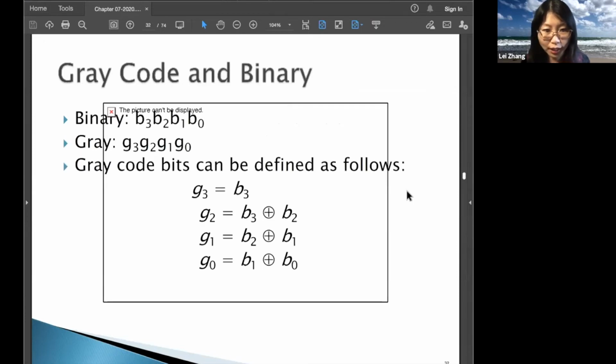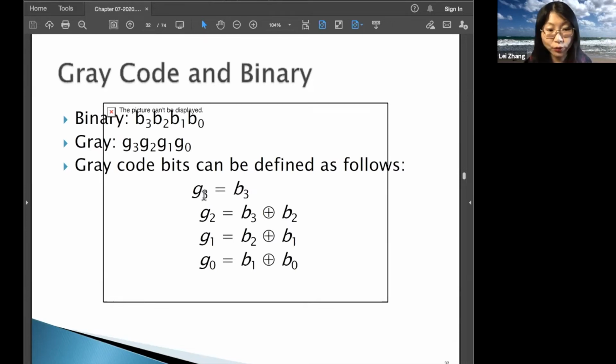Okay, so the equation for Gray code. How to generate the output to make sure that every time only one bit changes? We use XOR. G3, the most significant bit, equals B3, the binary code output. G3 is the Gray code output bit 3.